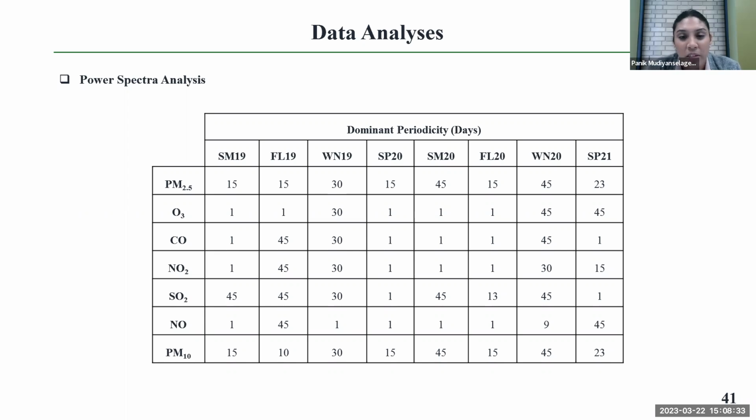So I'm assuming this might be noise within the power spectra plot, because when I calculated the top 5 dominating periodicities for most of the pollutants, you see the daily trend appearing for most of them under the top 5. This is something I'm still working on, interpreting how these cycles are possible.